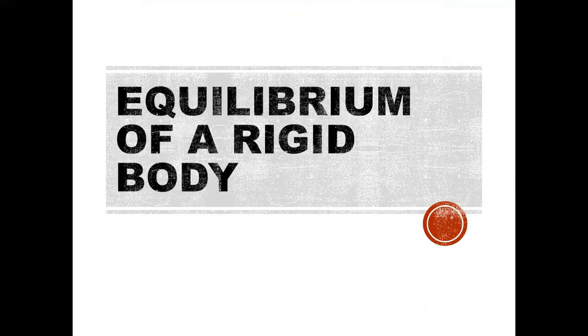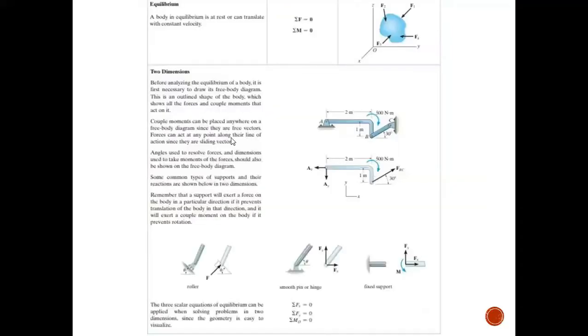And we come to the equilibrium of a rigid body. A body in equilibrium is at rest or can translate with constant velocity. As we said just now, total F is equal to 0. Before analyzing the equilibrium of a body, it is first necessary to draw its free body diagram. This is an outline shape of the body which shows all the forces and couple moments that act on it.